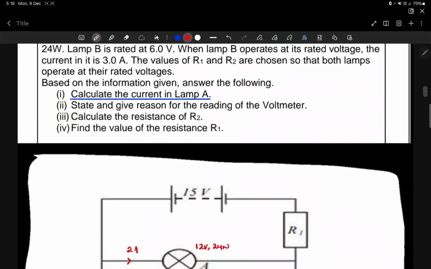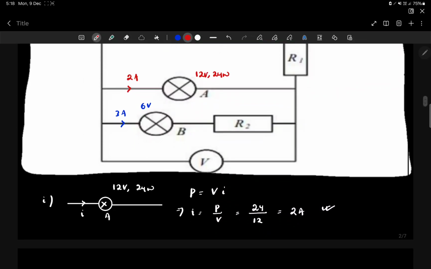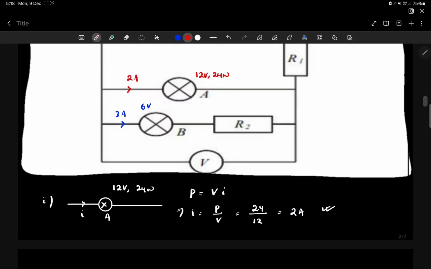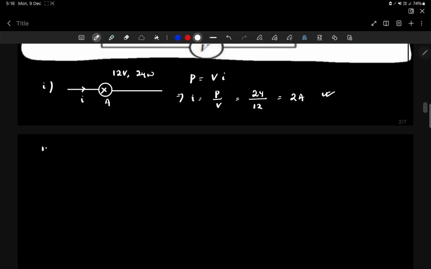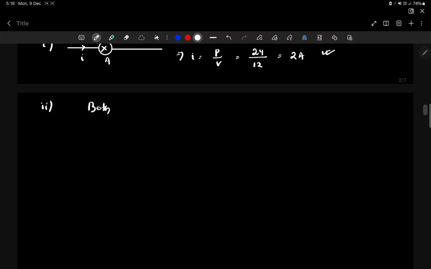Next it is asking to state and give reason for the reading of the voltmeter. Now you see, both lamp A and B are in parallel.